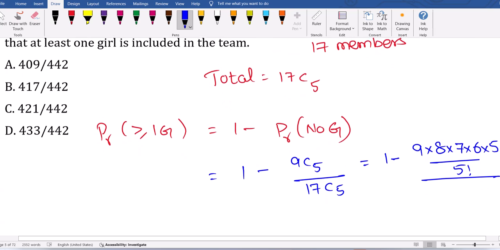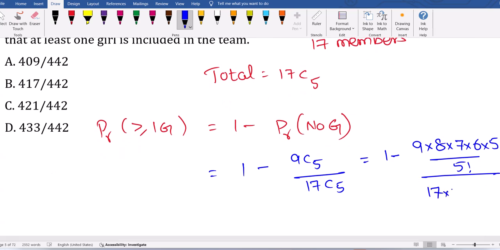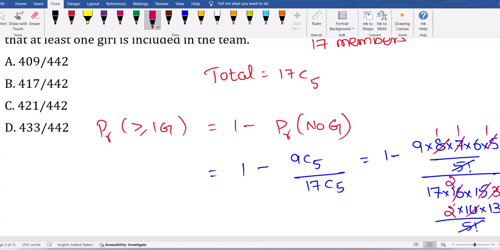What is 17C5, sir? 17, 16, here also 5 terms you have to write, 15, 14 and 13, divide by 5 factorial. 5 factorial, 5 factorial cancel. 8 once, 8 two times. 7 once, 7 two times. 5 once, 5 three times. In fact, 2 into 3 is 6, 6 cancel. Right. So finally I got that as 1 minus 9 divided by 442.